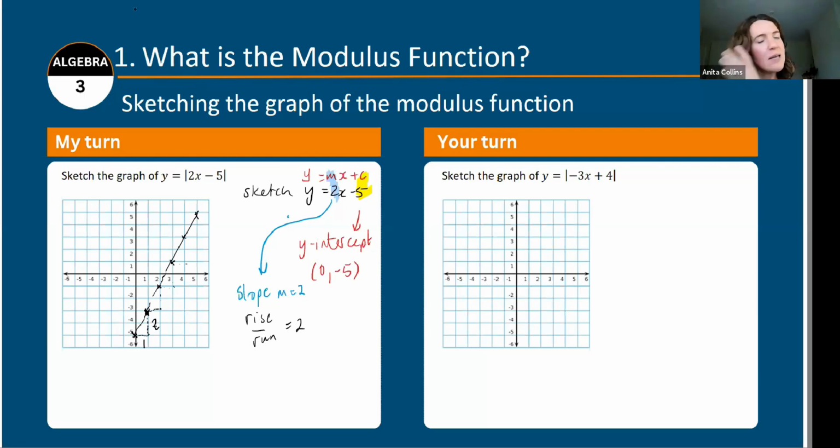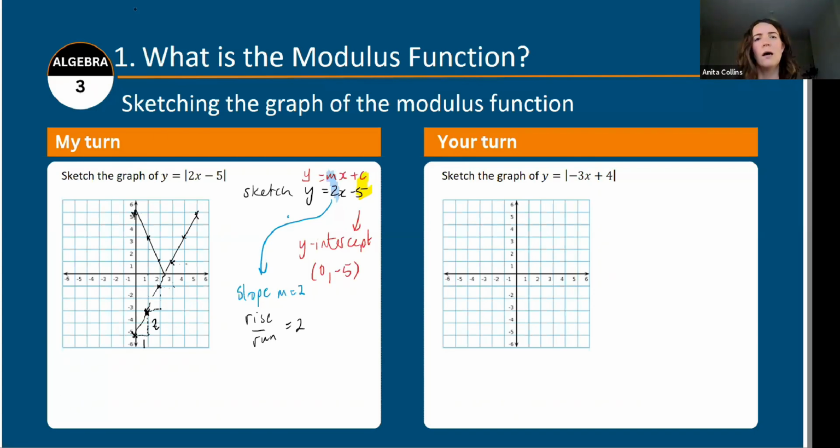So we need to take any points below the x-axis and reflect them up. So this point here, which is at 2, minus 1, is going to go up to 2, 1. This point is going to go up 1, 2, 3. And this point from minus 5 is going to go all the way up to 5. So now this looks like that. And that is my graph.